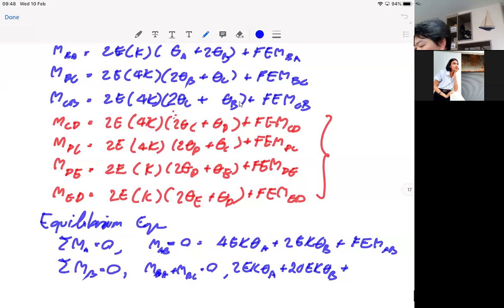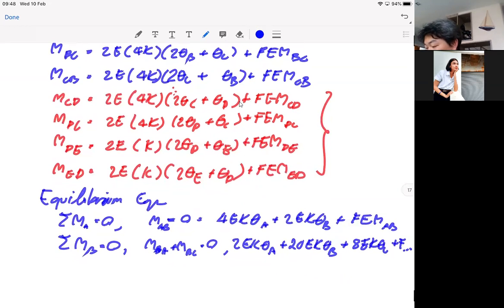So we have 8EKζC plus FEM, you know, I'm running out of space. And then if you don't take advantage of symmetry, you're going to have your sigma MC equal to 0. It's going to show up. And this is MCB plus MCD equal to 0.